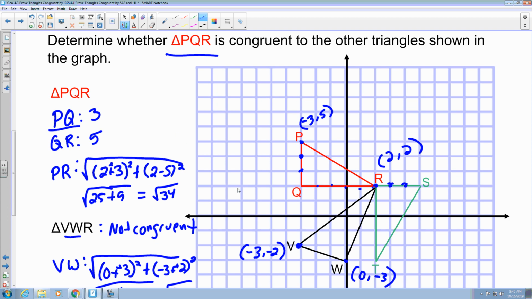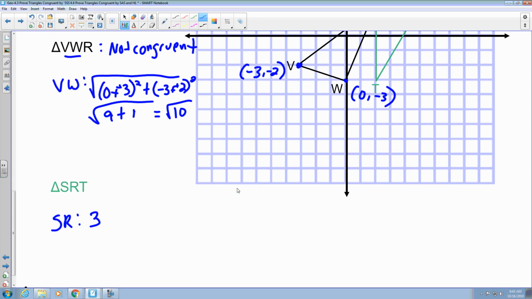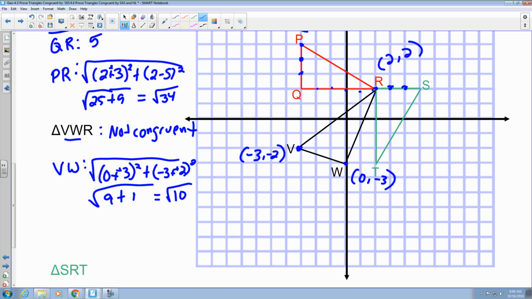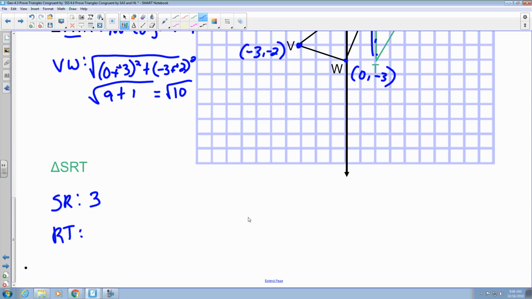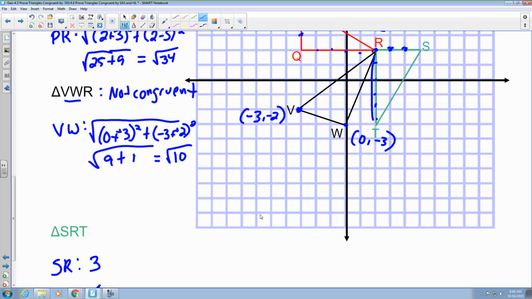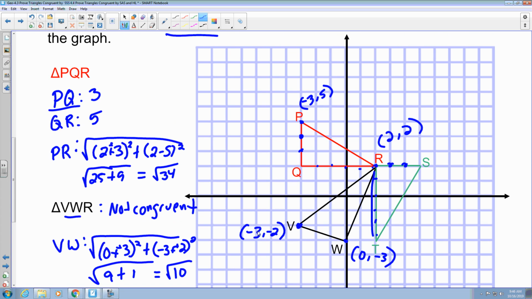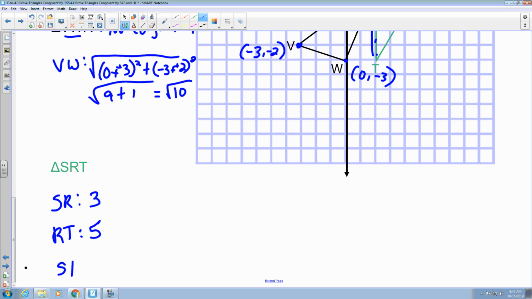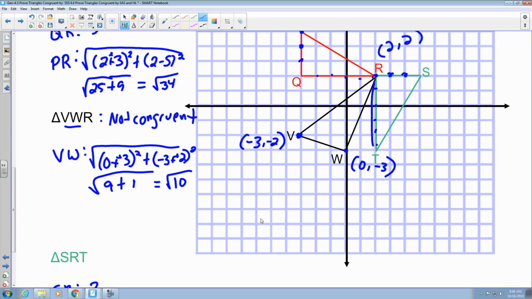QR is second and third, so I look at RT next. RT is right here, and that's counted as 1, 2, 3, 4, 5. Second one checks off. Now we have to look at PR and ST. So ST is the next one we have to check out.